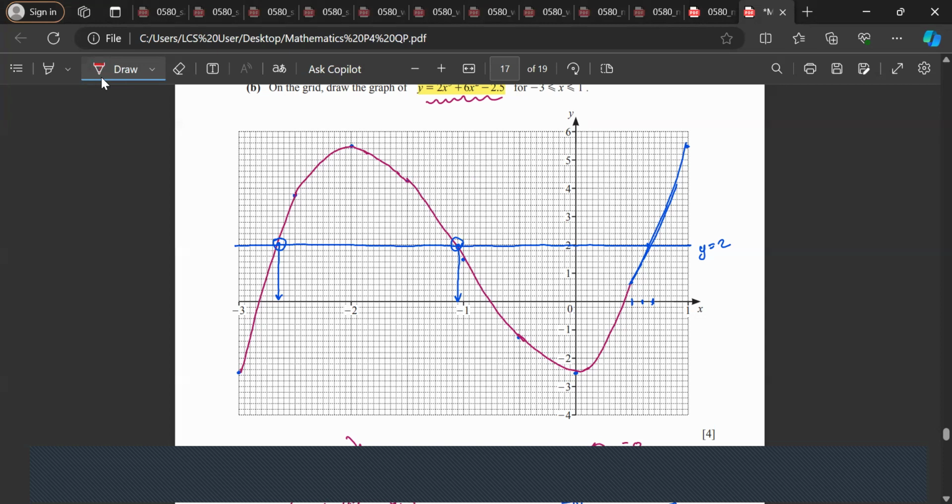Look here, I will draw it at this turning point up here. So it will pass through only 2 points, this point and this point. Okay? Then, is there another line?